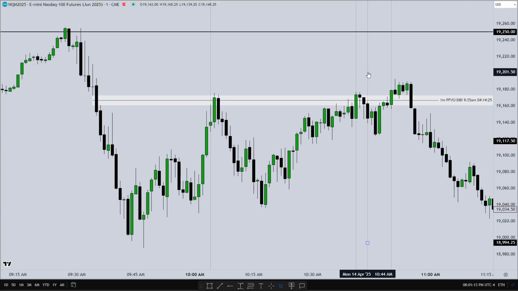So we have 10:44 a.m. The market reclaims that fair value gap as a SIBI. So the market should now treat it as resistance. And so it trades a little bit lower, and trades into these equal lows, basically, into this consequent encroachment of this wick, and comes back up.